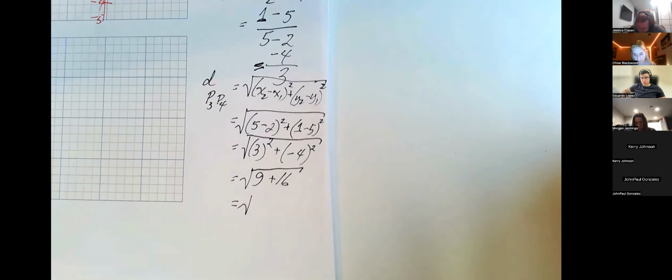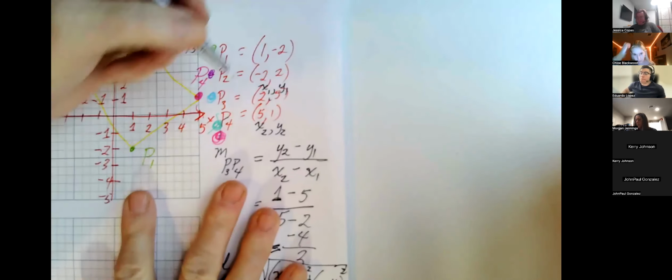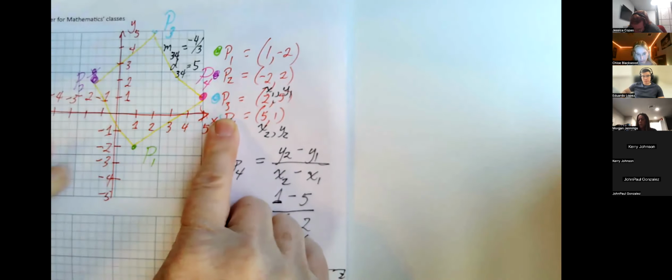Positive. And 4 times 4 is 16. Excellent. 9 plus 16 is 25. Awesome. And the square root of 25 is 5. So we can record up here that the distance between P3 and P4 is 5.